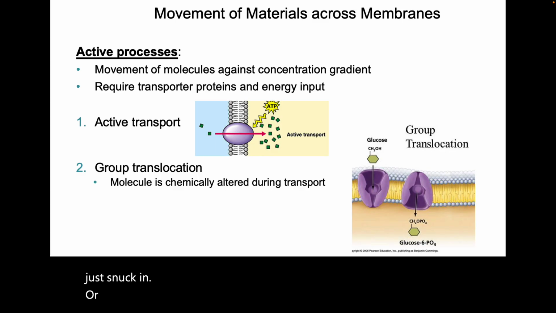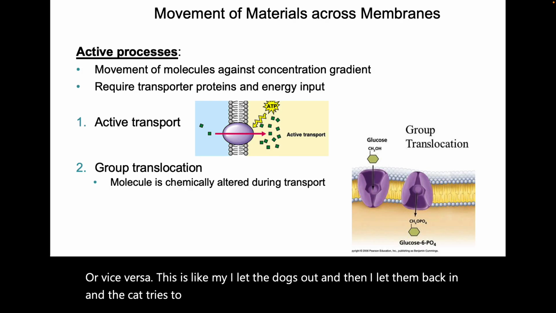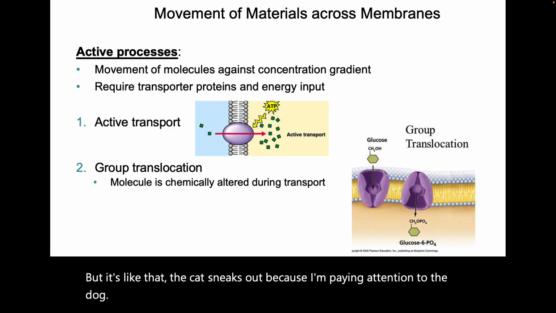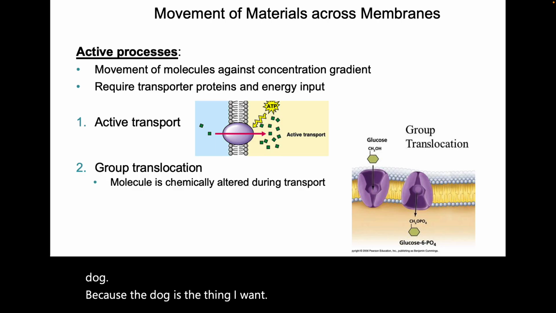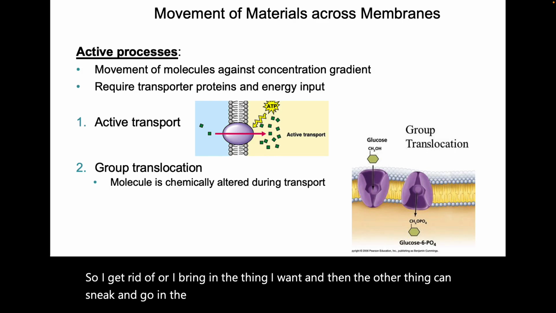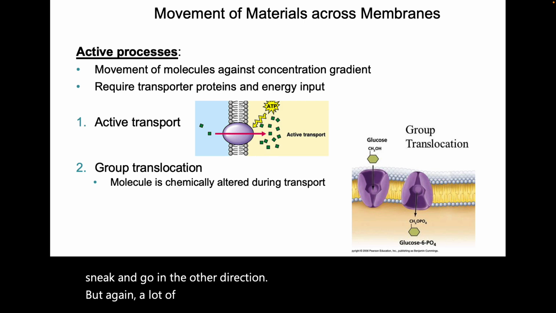It's like I let the dogs out and then I let them back in and the cat tries to get out. I'm like, no. But it's like that. The cat sneaks out because I'm paying attention to the dog, because the dog is the thing I want. So I bring in the thing I want and then the other thing can sneak out and go in the other direction. But again, a lot of this requires the expenditure of energy.